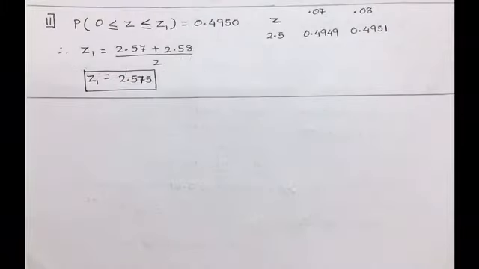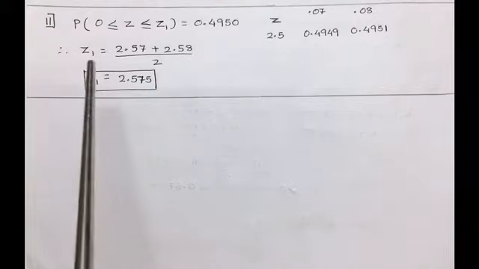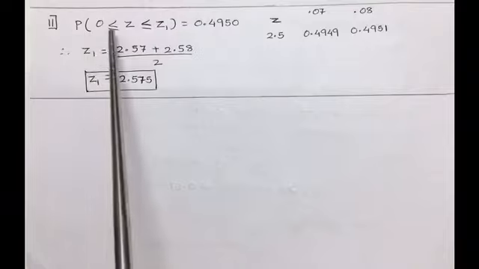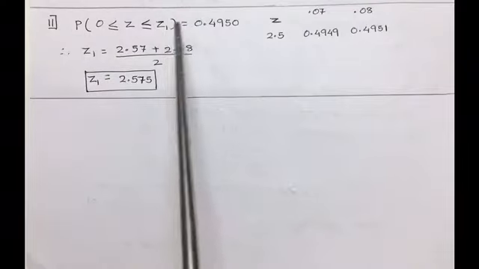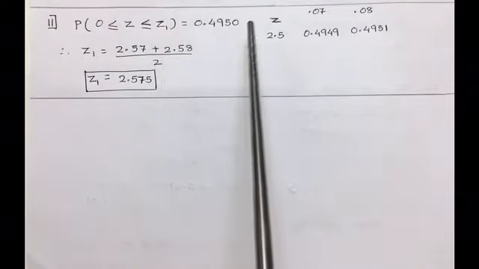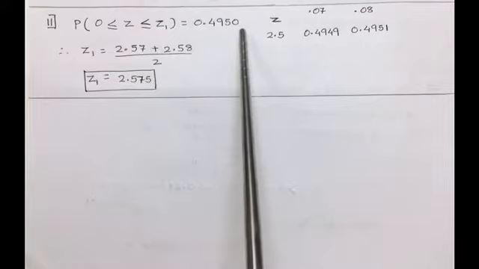Question number 11 is given as, the probability that the value of the standard normal variable lies between 0 and z score z1 is 0.4950.